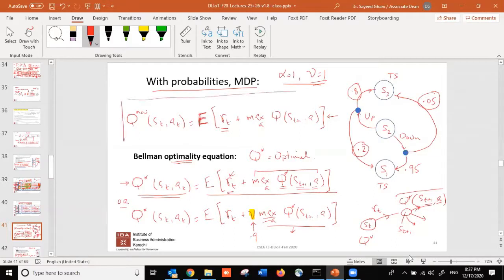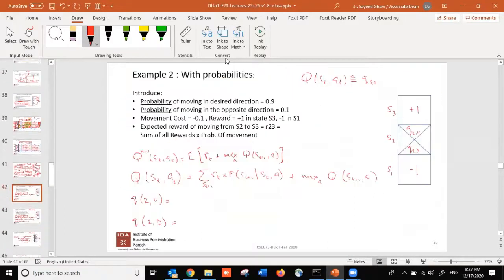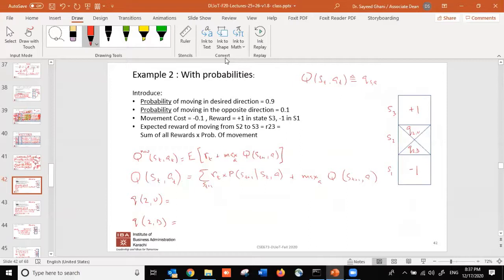And let's see if we can take a look at a simple example which looks at probabilities as well. Okay. So let's look at this example, and this is again from one of the online lectures that I found. I think I've got a link somewhere over here.